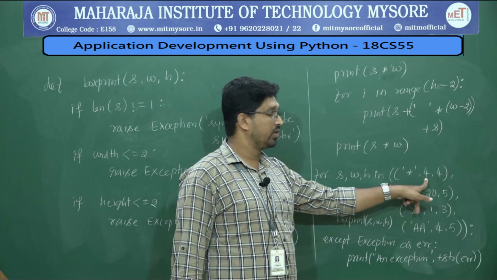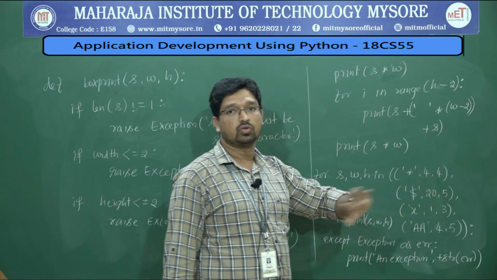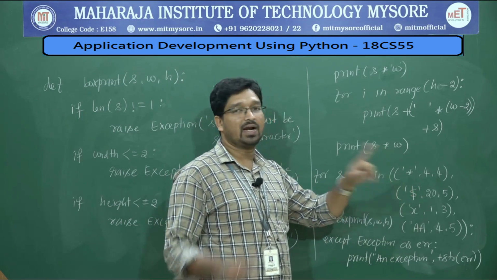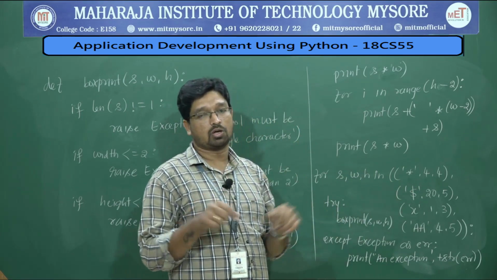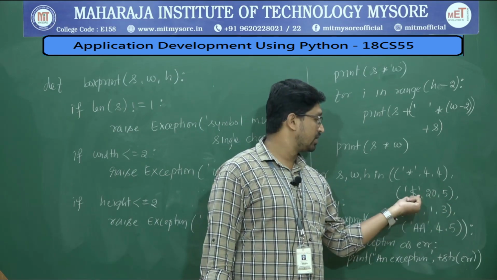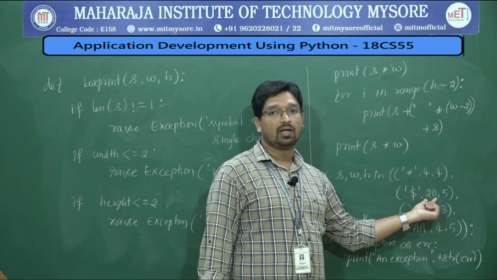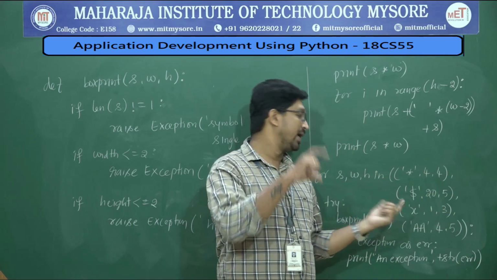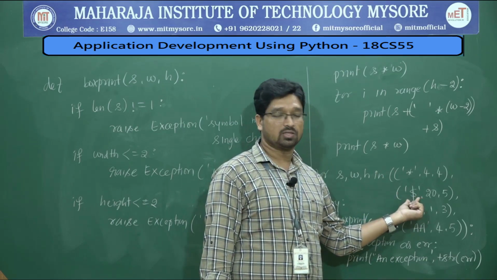Star is one character, 4 is greater than 2, 4 is greater than 2. So no exceptions. It will generate a box, a 4 cross 4 box. Next we have dollar 20 5. Dollar is a single character, 20 is greater than 2, 5 is greater than 2. So we will get a box with dollars, 20 width, 5 height.